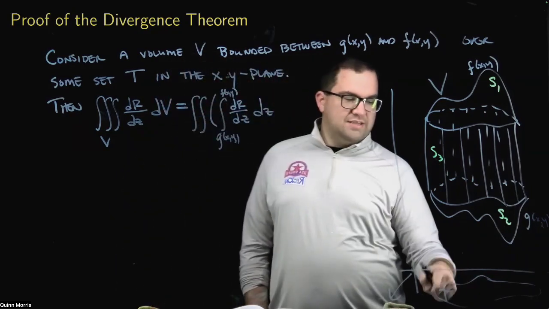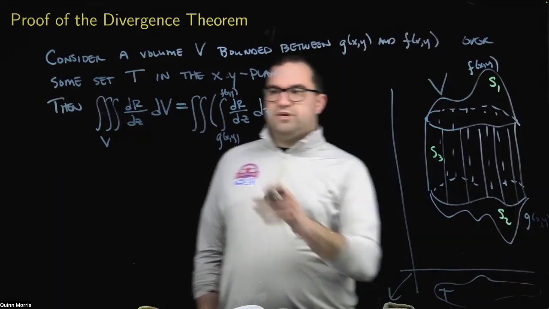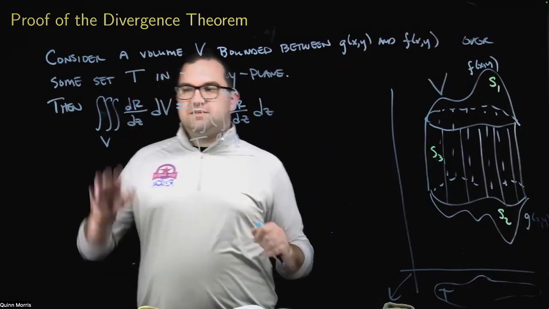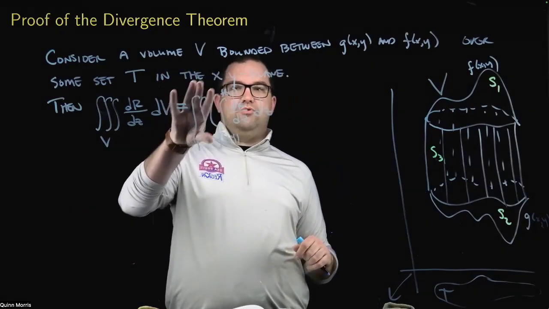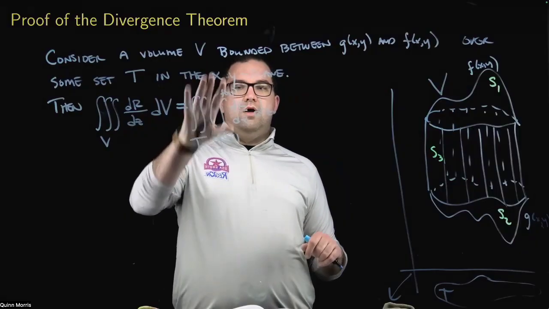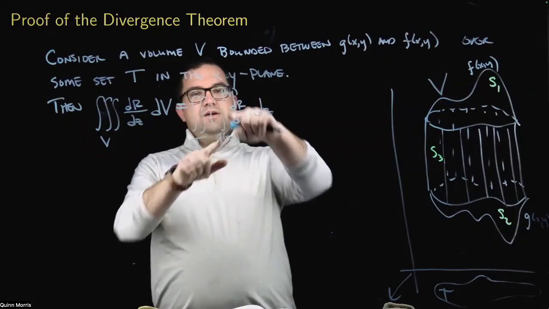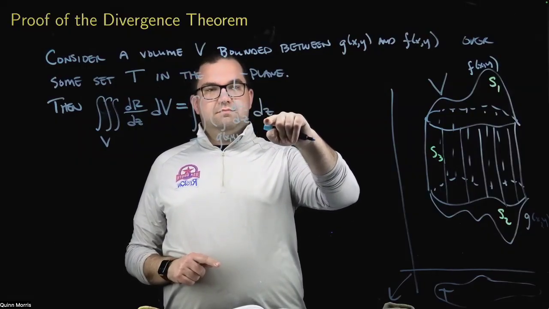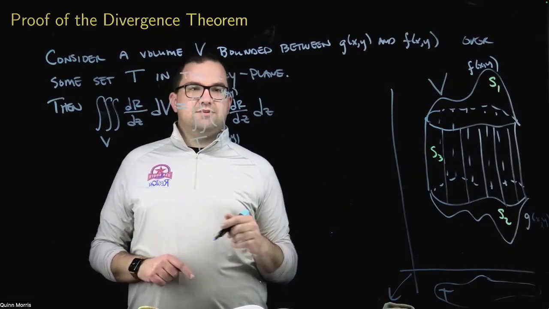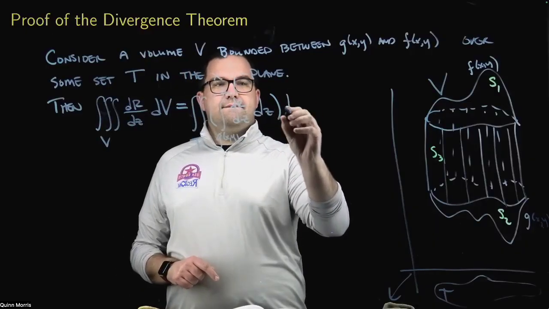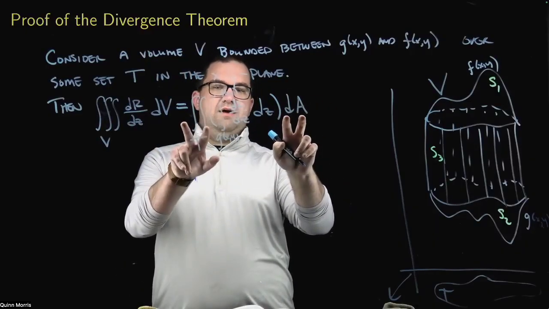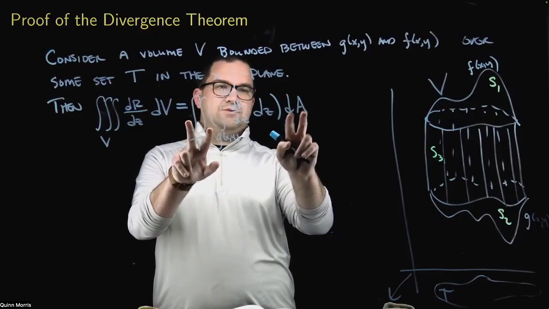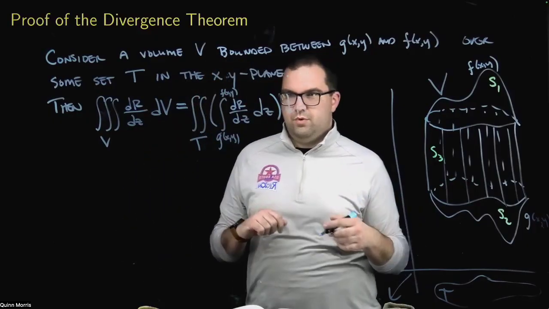And then my x and y values just need to be in this region T. So I can re-express this triple integral as a double integral over T of the single integral of dr dz dz from g of xy to f of xy. And now this is just the area element to go with this. This is either dy dx or dx dy, however we want it.